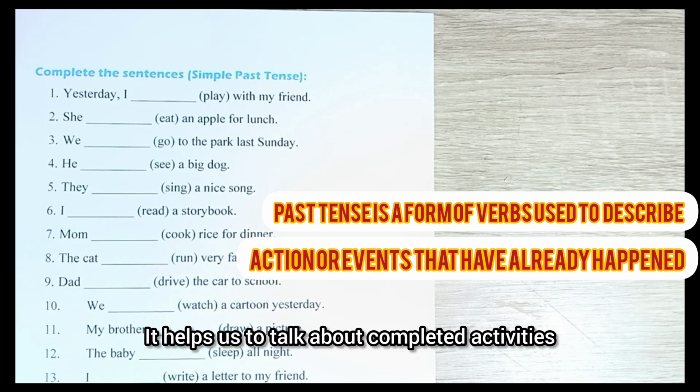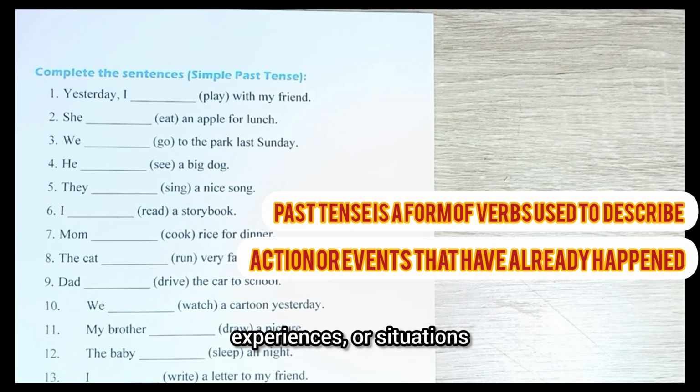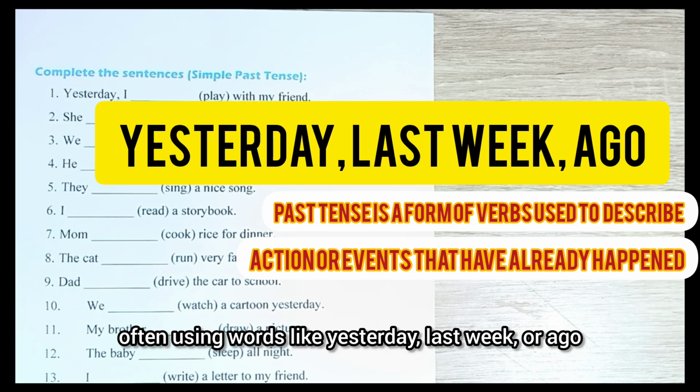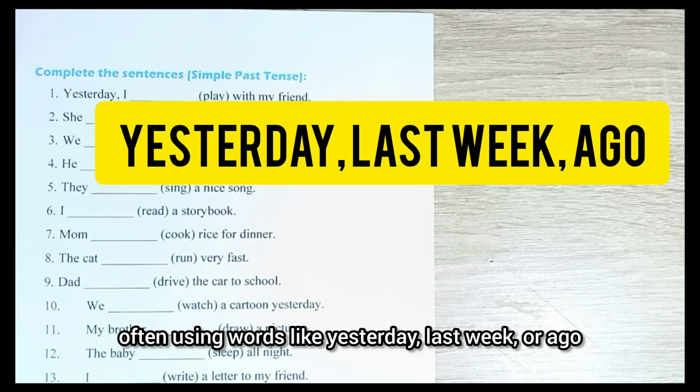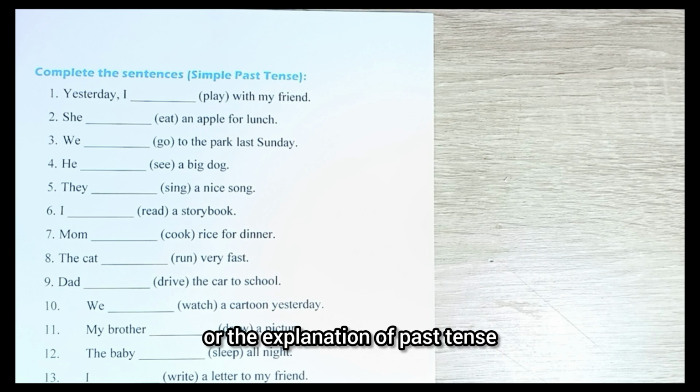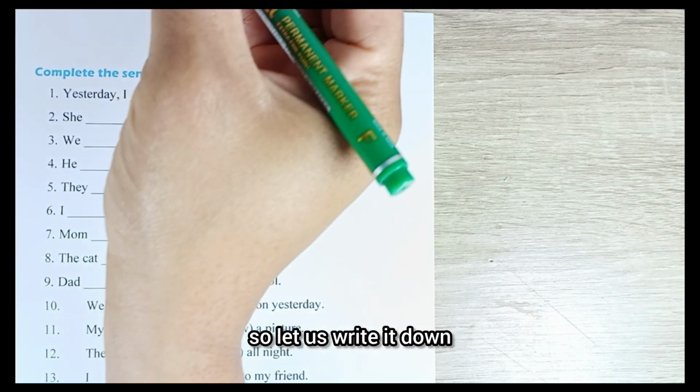It helps us to talk about completed activities, experiences, or situations that occurred in the past, often using words like yesterday, last week, or ago. So this is the meaning or the explanation of past tense. Let us write it down.